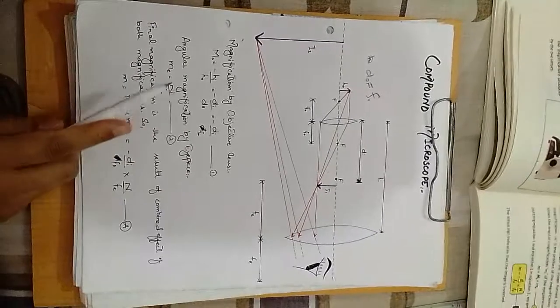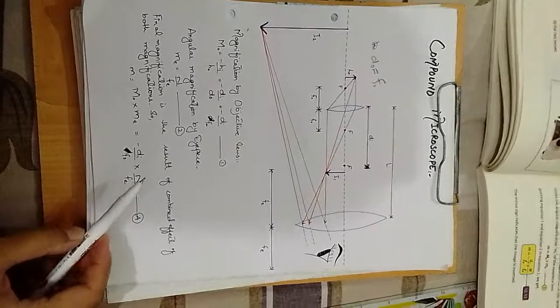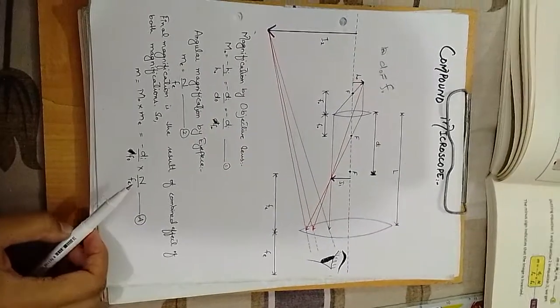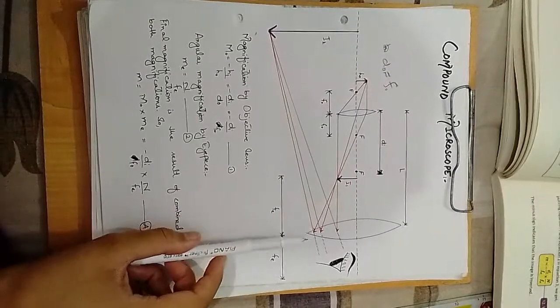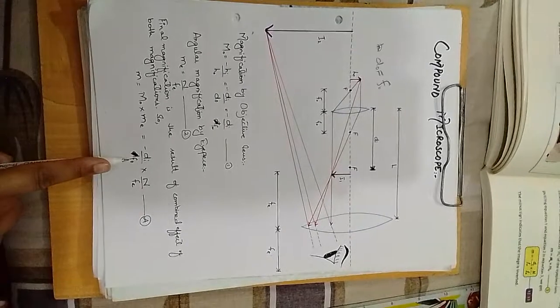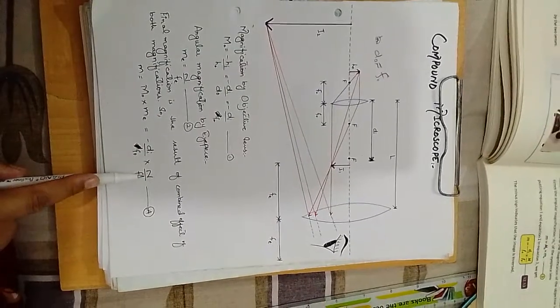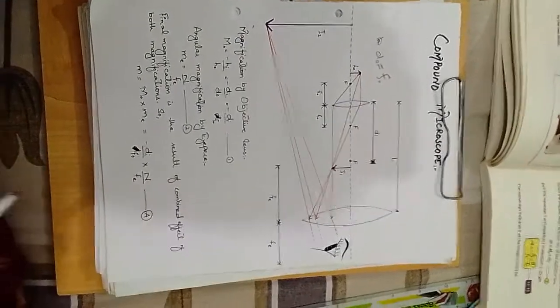All right, what do we have here? We have the near point of the eye. N is the near point, which is approximately equal to 25 centimeters, and FE, which is the focal length of the eyepiece. All right, DI, distance of the image, FO is the focal length of the objective lens, N is the near point of the eye, and FE is the focal length of the eyepiece.